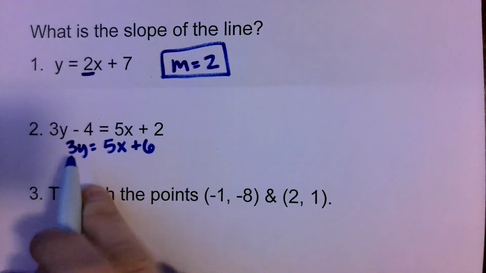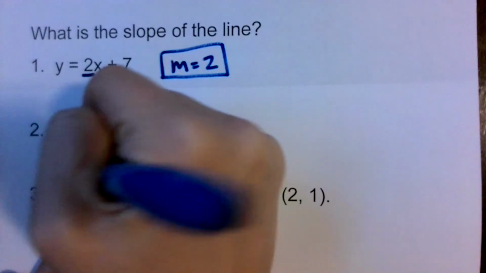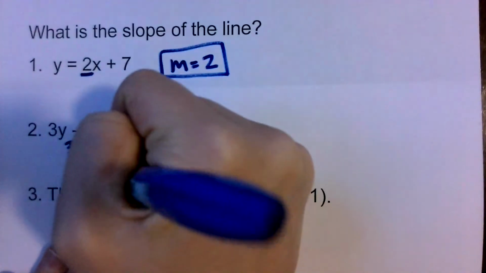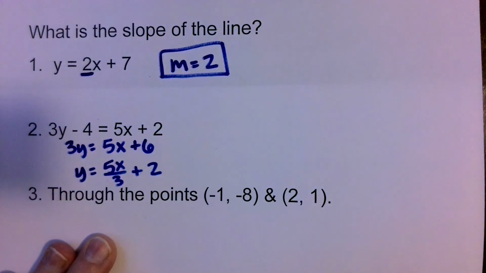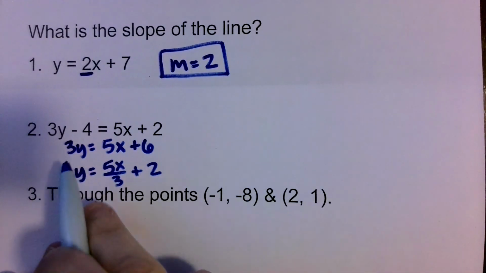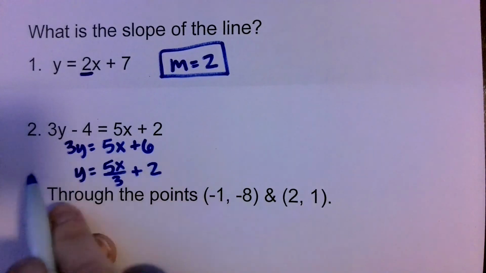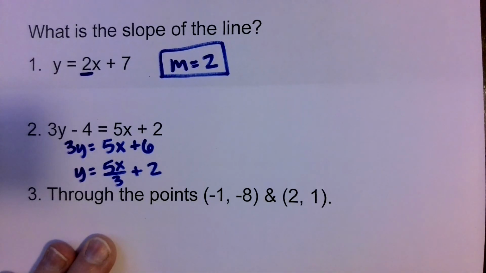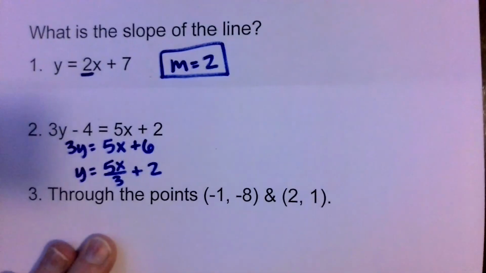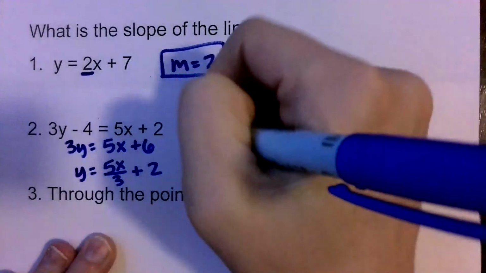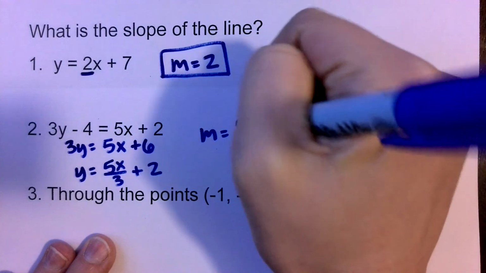And then I'm dividing everything by 3. 6 divided by 3 is 2. So I do have to divide everything by 3. I'm not allowed to just divide some of the things by 3. Everything gets divided by 3. So then in the end, I have it in slope-intercept form, just like the first one. And now we can see that our slope is 5/3.